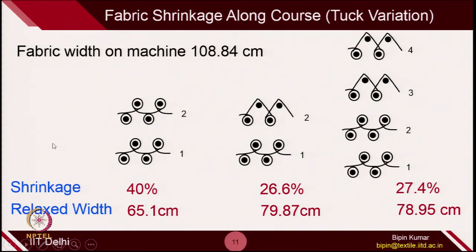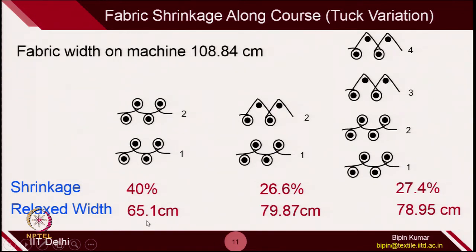I also created the fabric on the same machine. This is the rib where all the needles on front bed and back bed were making the fabric, and here only the front bed is making all the fabric; the back bed, in the second course, is making tuck. Here 2 rib and then followed by 2 tuck.